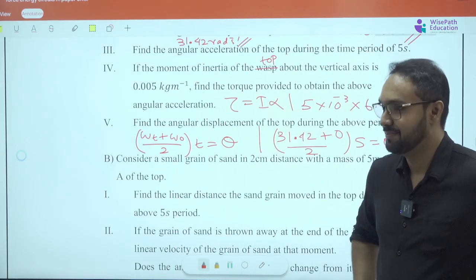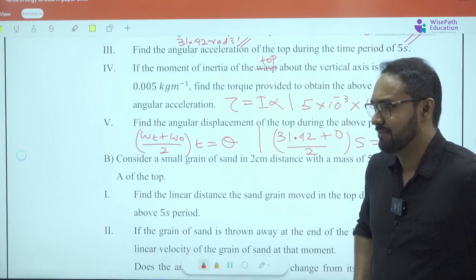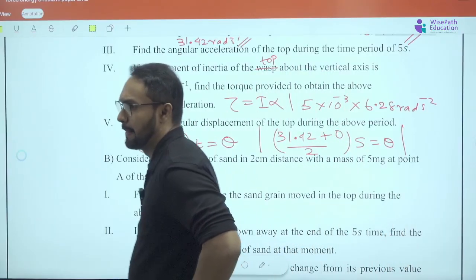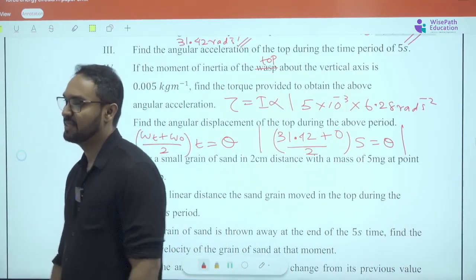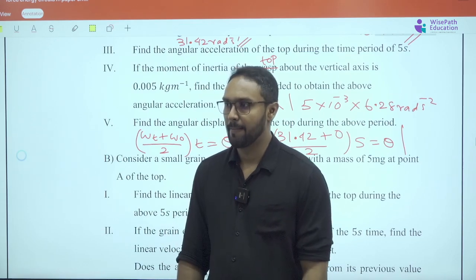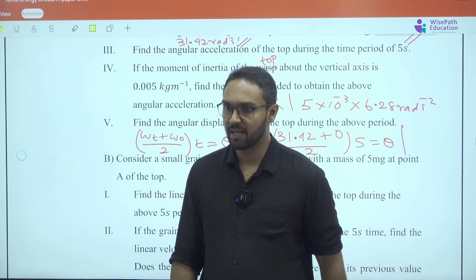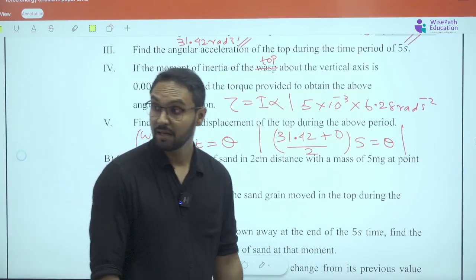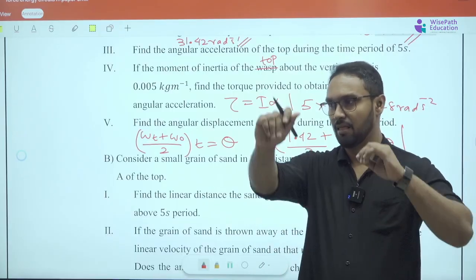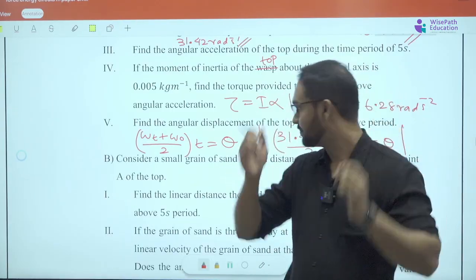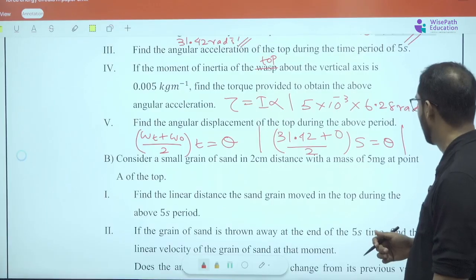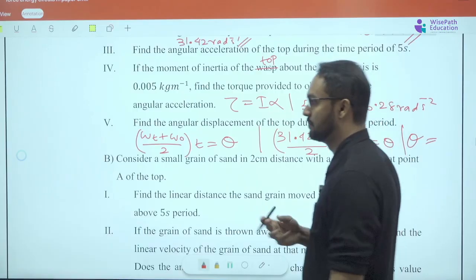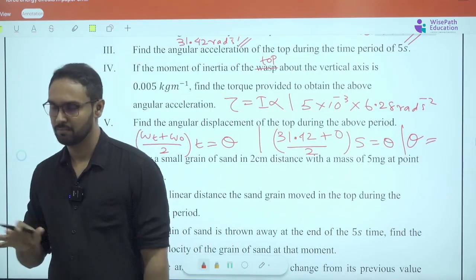The frequency has to be uniform. Okay, it accelerates, but the frequency is uniform. So what is the answer? Theta equals how much?